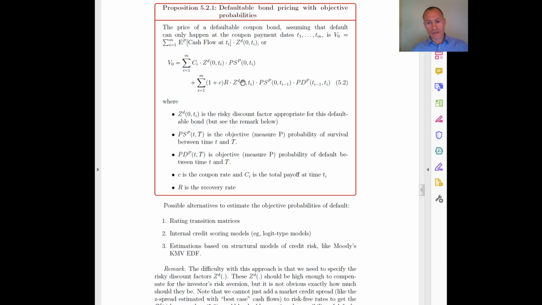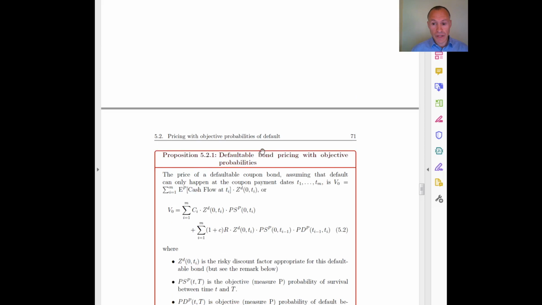The problem is the following. Suppose I would get these Z's from a risk-free rate plus a spread, like a Z spread, like we have seen before. But how do I estimate the Z spread? The Z spread is estimated using best case cash flows, meaning the cash flows of the firm when it does not default.